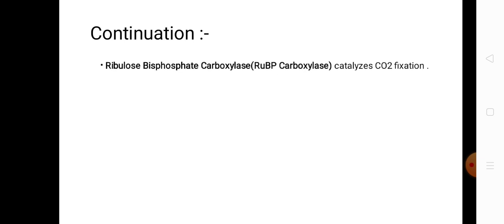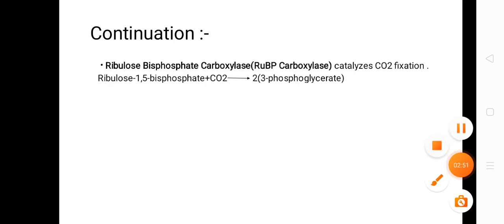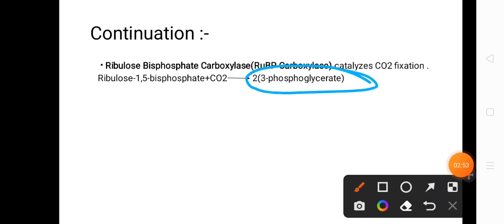So now the main enzyme which is going to play a very important role in the first part of the Calvin cycle, that is the fixation of CO2, is ribulose bisphosphate carboxylase. Okay, and the reaction is ribulose 1,5-bisphosphate plus CO2 gives 2 molecules of 3-phosphoglycerate. But it is not the only reaction that ribulose bisphosphate carboxylase facilitates.